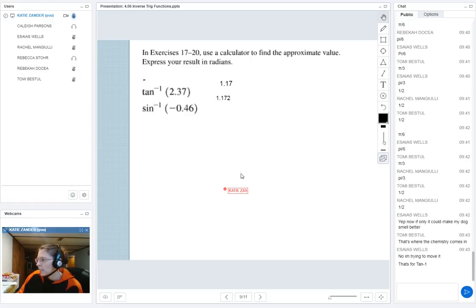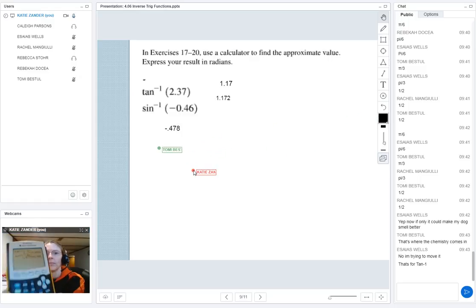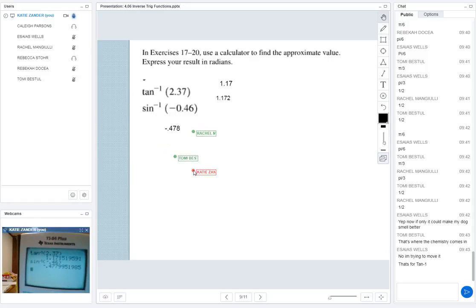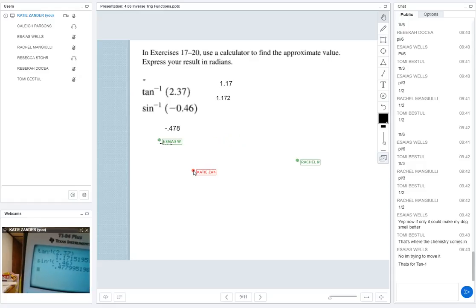Sine we'll just put underneath it, I guess. There you go. You had me worried for a moment. You guys get the same thing? I like seeing how the names move around on the board.